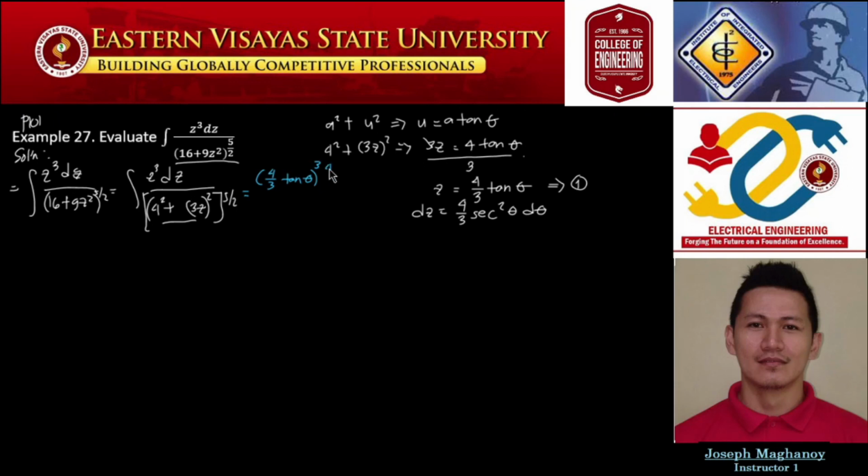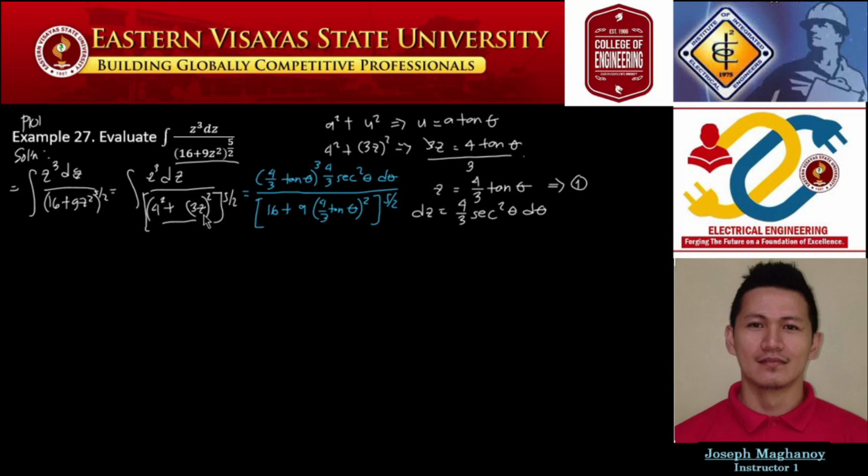So we have 4/3 secant squared theta d theta all over 16 plus 9 times your z, 4/3 tangent theta, squared, raised to 5 halves.